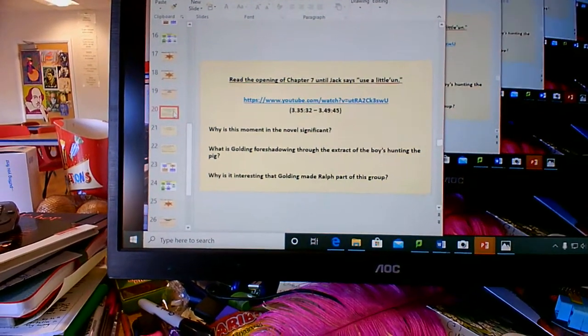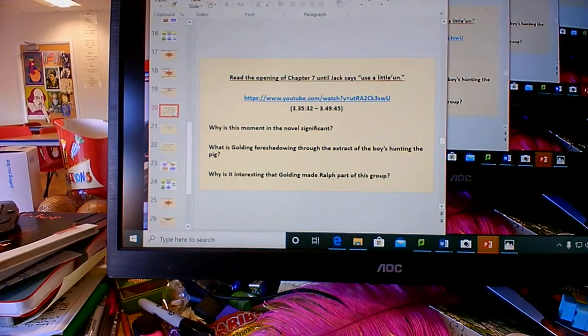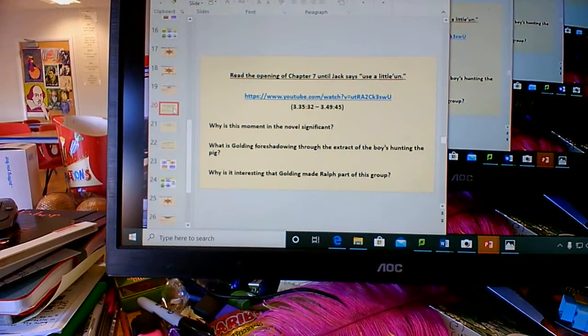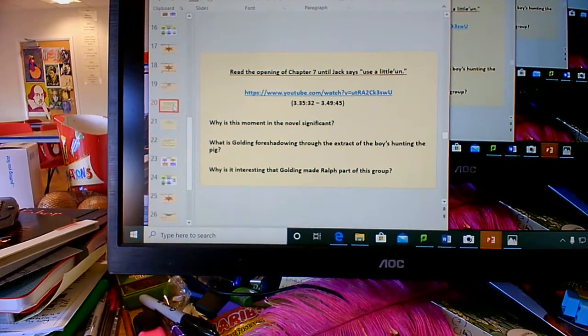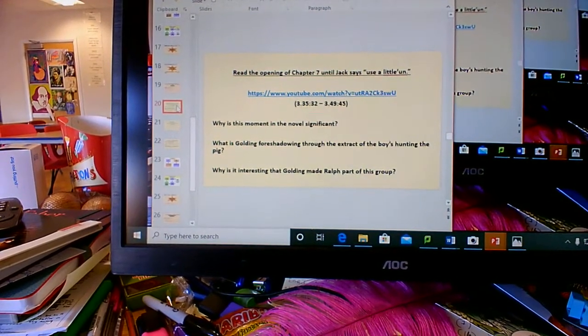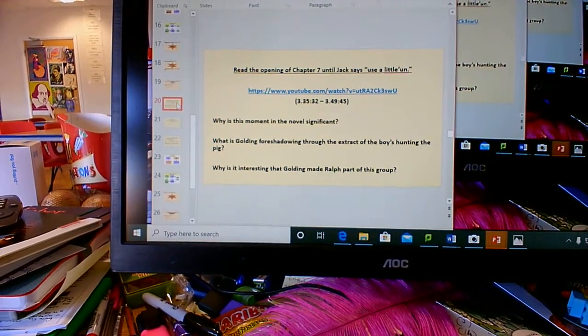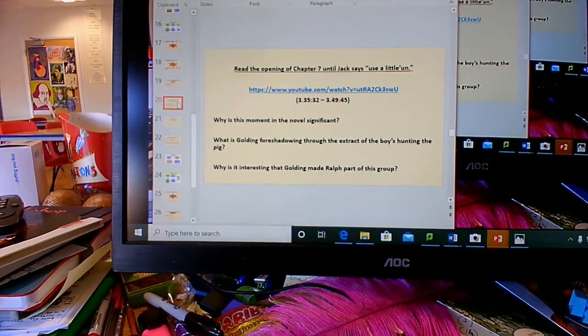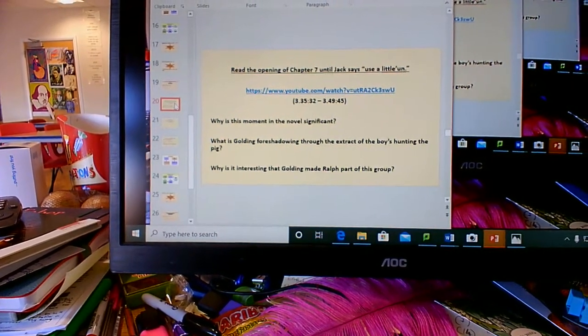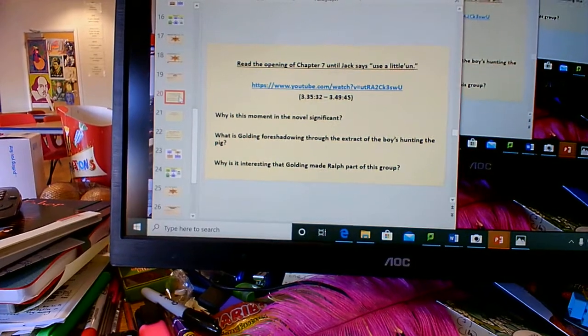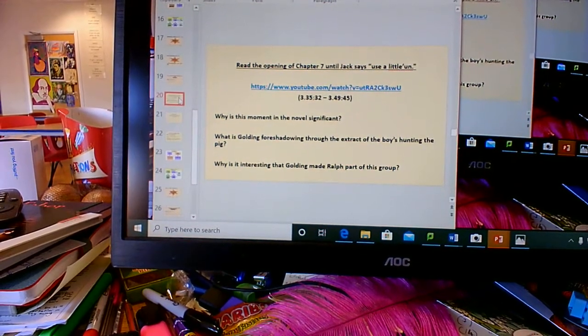So, if you haven't done this bit already, read the opening of Chapter 7. You can either use the link on Class Charts to get up the audiobook, or you can just read it in your head, but I'd like you to read down to where Jack says use a little un, just after they've been hunting in the woods. So why is this moment in the novel significant?